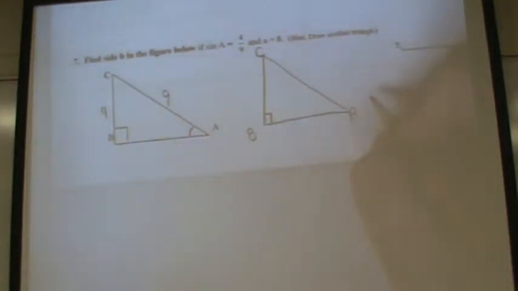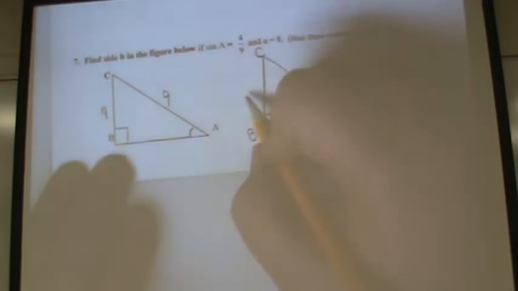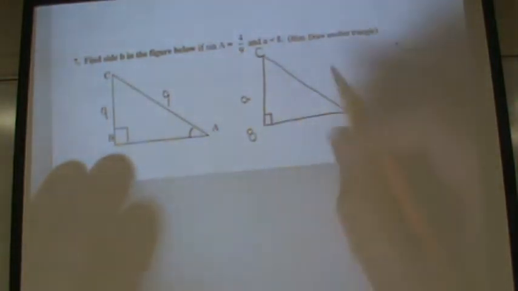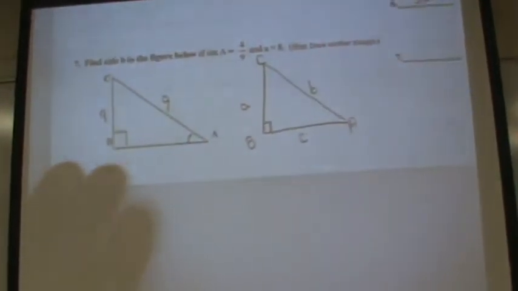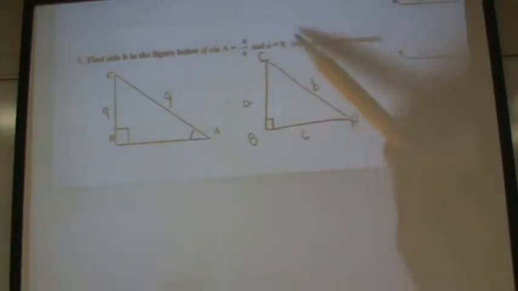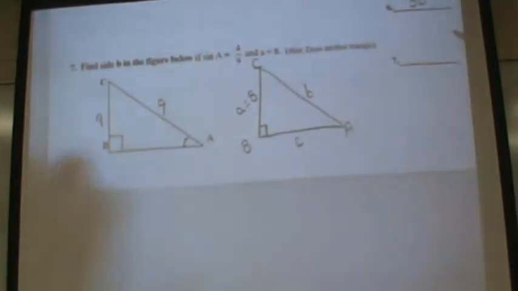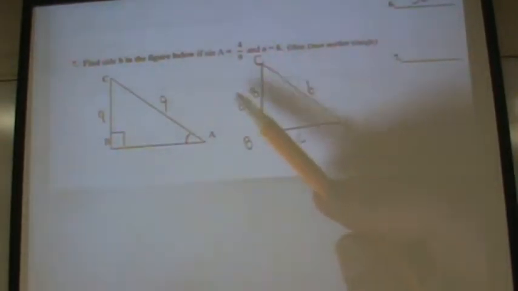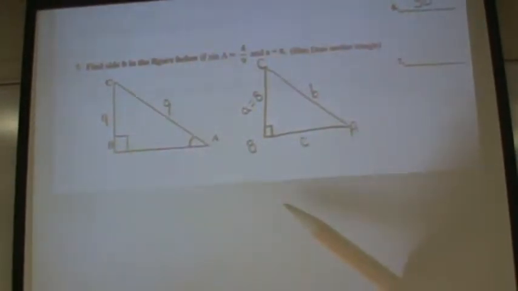Remember that the side of a triangle, so side A would be opposite angle A. So this is A. Side B is opposite angle B. And side C is opposite angle C. So we're told that A equals 8. So in this triangle, our side A equals 8, and we need to find B.